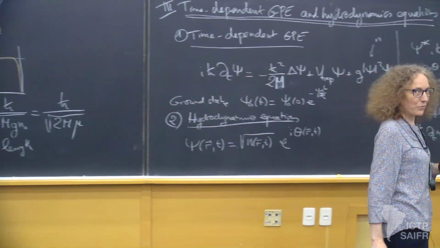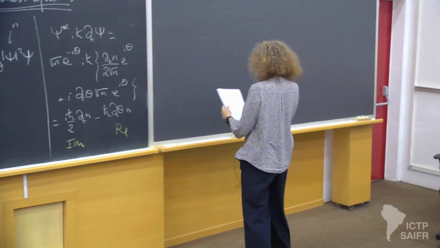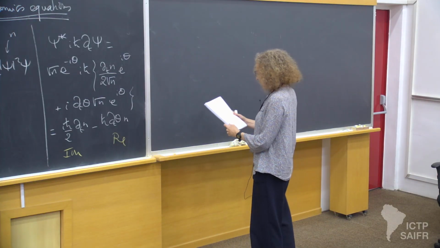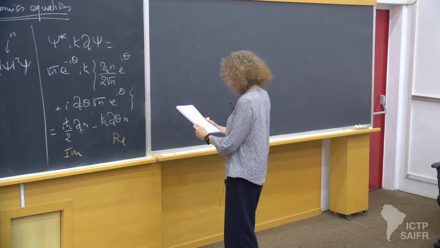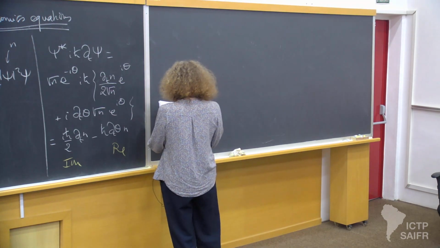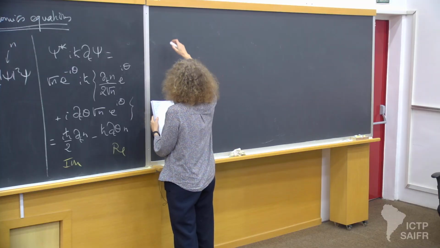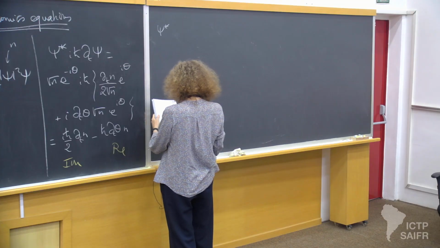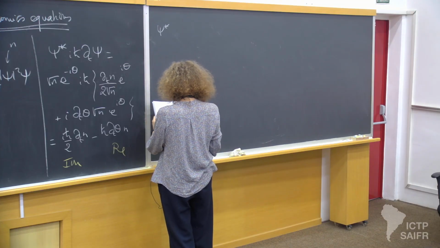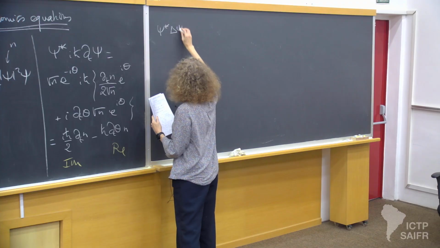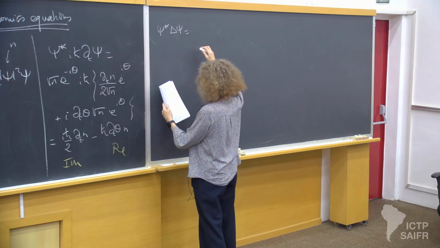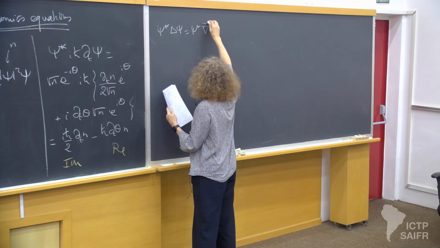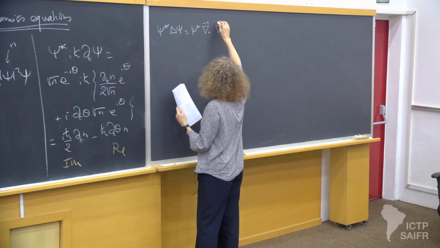Okay, so now let's go for the Laplacian of square root of n e to the i theta. So this one is a bit more tricky. So what is it? Psi star Laplacian of psi. This is psi star, the divergence of the gradient of psi.